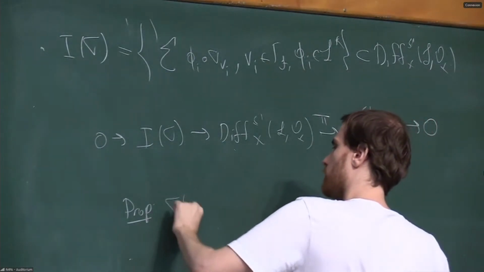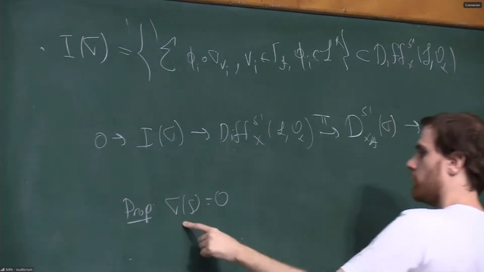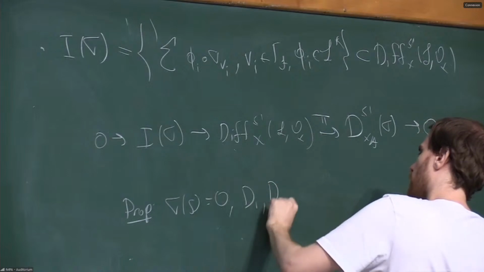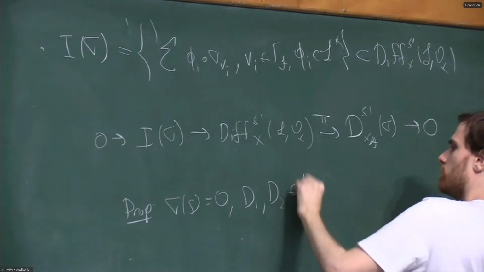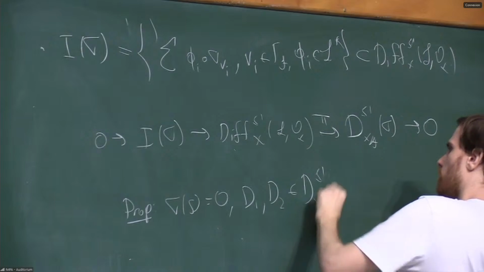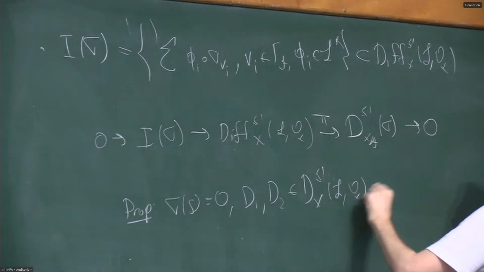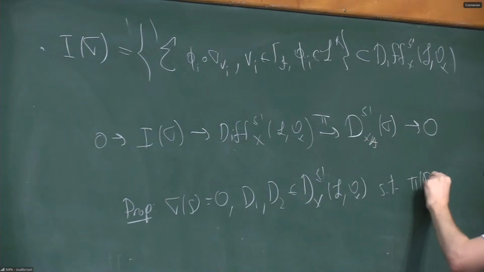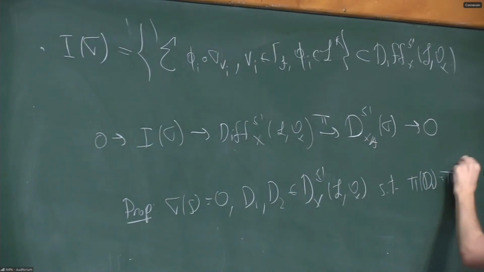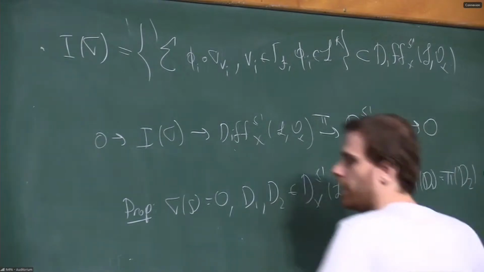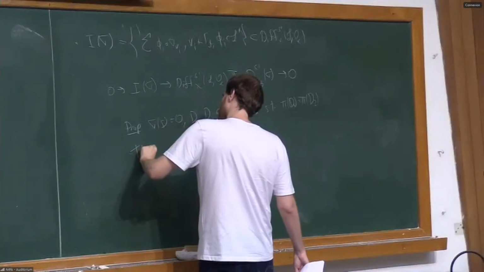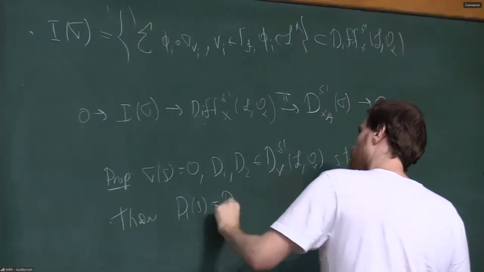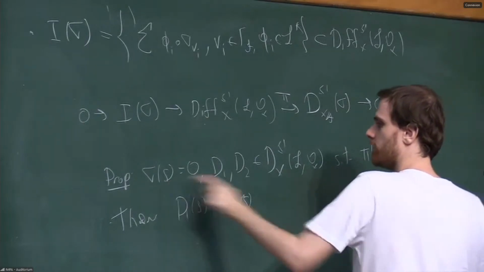Given a flat section of the partial connection, given two differential operators here such that they have the same image here, then they do the same thing on this flat section.